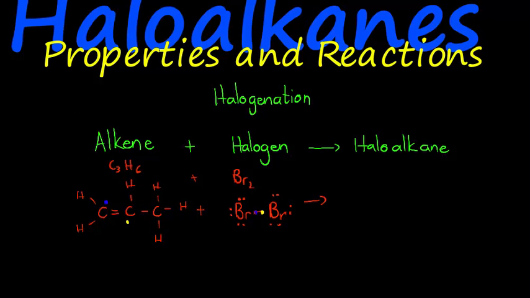So it's going to end up producing carbon single bonded to carbon, single bonded to carbon, and we'll have a bromine here, hydrogen here, and then here we will have another bromine.